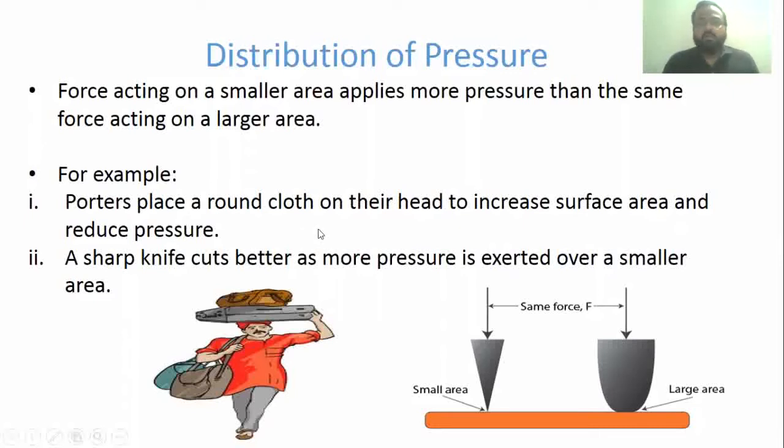So if surface area increases, pressure decreases. A sharp knife cuts better as more pressure is exerted over a small area. A sharp knife cuts better than a blunt knife because it has less surface area, so more pressure can be applied.